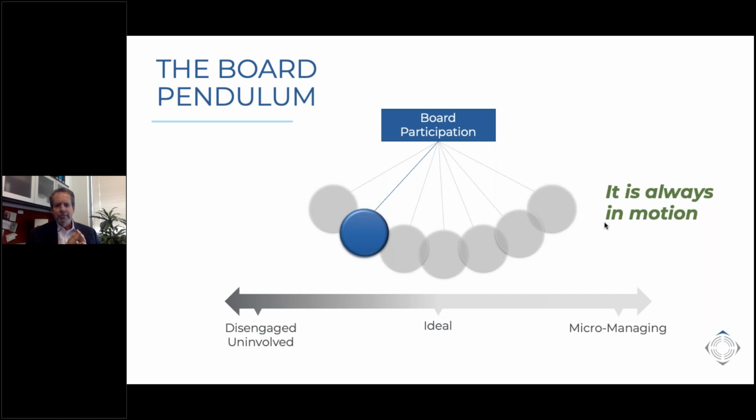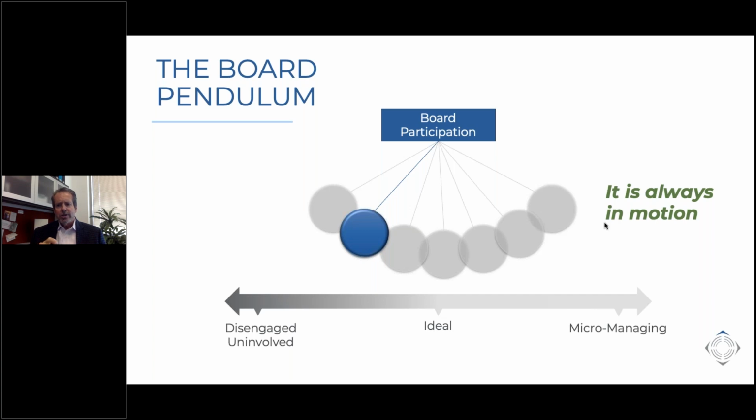Now, there is a sweet spot in the middle, when boards are just the right amount of engaged, and they're doing everything that you'd want and hope, and yet they're not so engaged that their fingers are in the pie. Go back to those two homeless shelters that I described a moment ago. You can imagine that if one board was over on that far extreme of the micromanaging side for a moment, and they have board standing committees that are personnel committees and program committees and HR committees and all those kinds of standing committees that maybe some of your boards have.